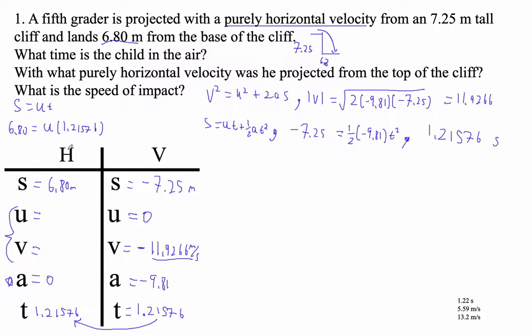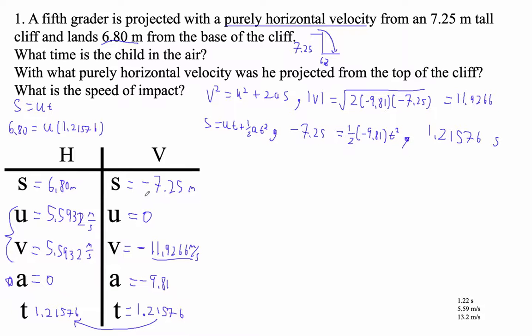So 6.8 divided by the number on my calculator is 5.59319. How many sig figs? 1, 2, 3, 4. I'll say 5.5932 meters per second.